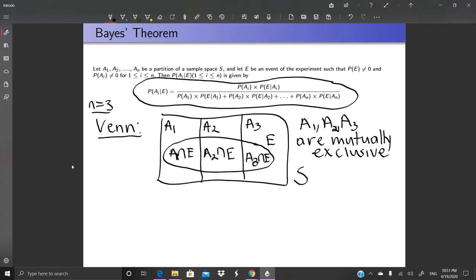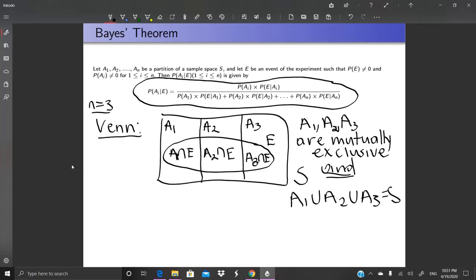And their union, the union of A1, A2, and A3, is all of S, the entire sample space. That's what it means for A1, A2, and A3 to be a partition of S: they're mutually exclusive and their union is all of S. Hopefully this very first part of Bayes theorem makes sense now.